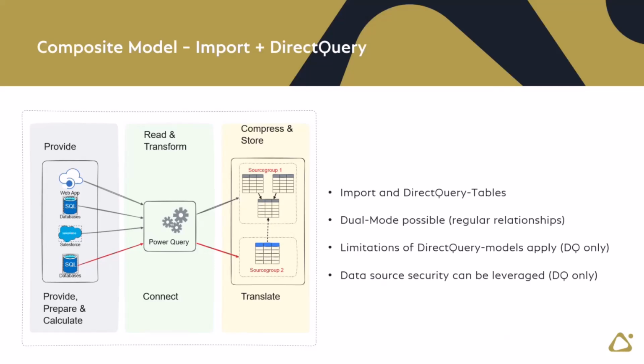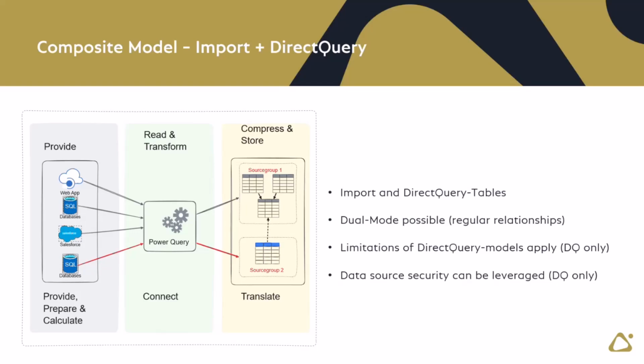This model type is the only model type where a table can be of the storage mode dual. When a table is defined as dual, it will be loaded into the Vertipaq engine during the refresh of your semantic model, but Power BI is also aware that this table can also be used for direct query. So in a way, it exists in two different modes in your semantic model.